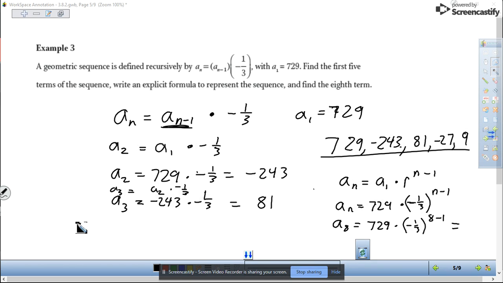I know that's shocking. I get negative 1/3. So the 8th term of that sequence is negative 1/3. In other words, if I were to keep this pattern going 3 more times, the next one I would get would be negative 3, and then I get positive 1, and then I get negative 1/3.